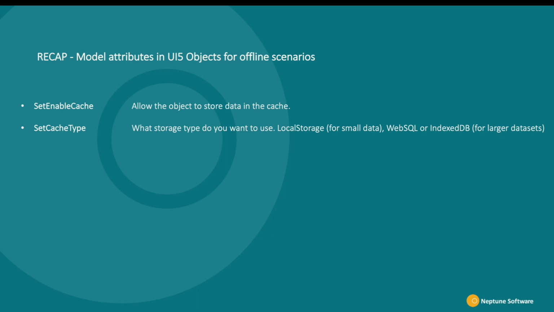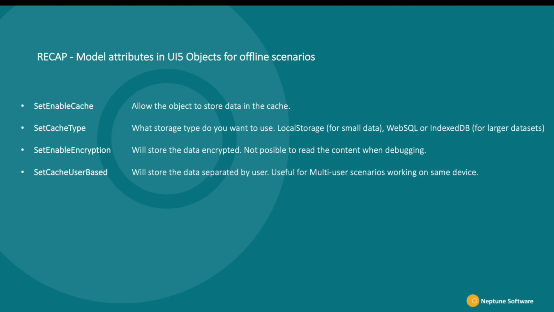Remember there are three types: local storage, which is normally used for small data, WebSQL or IndexedDB for larger data sets. Also, you have another attribute called set enable encryption. If you set this to true, all the data hosted and saved in the device will be encrypted, so it won't be readable while debugging.